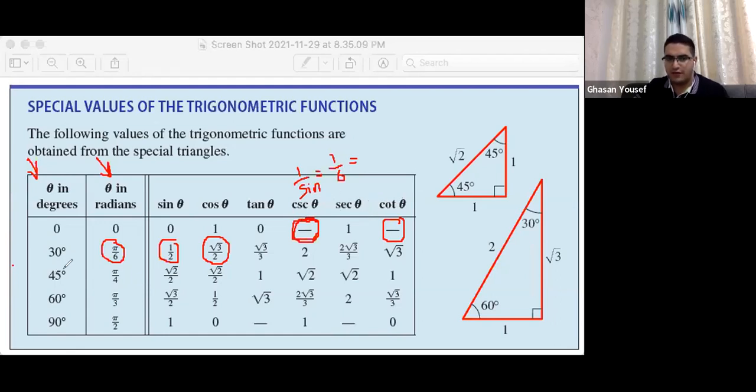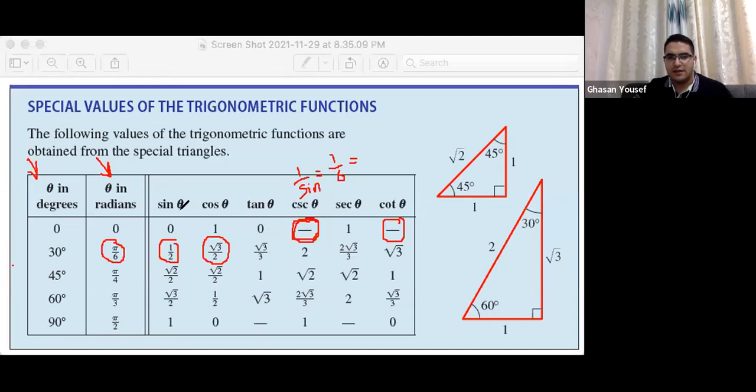Now for 45 degrees, the sine is the square root of 2 over 2. The cosine is the square root of 2 over 2. And the tan, dividing the sine over cosine, is 1. Again, for 60 degrees, the sine is the square root of 3 over 2. The cosine is 1/2. The tan is the square root of 3. The same thing for the reciprocals.